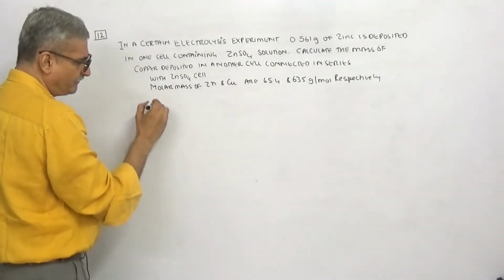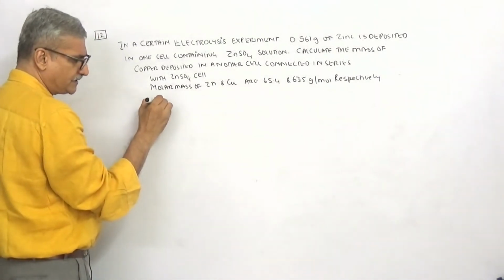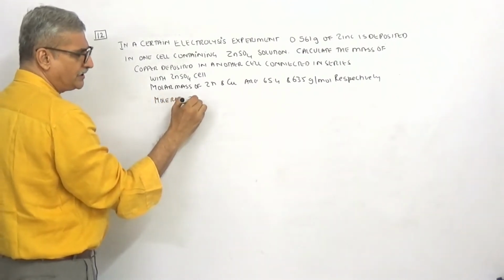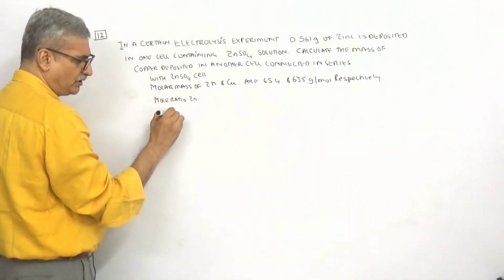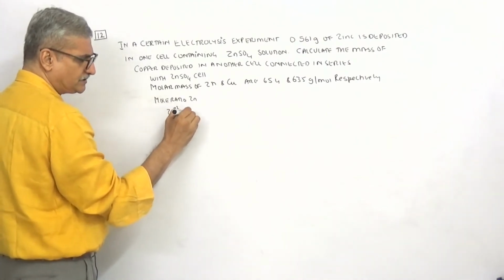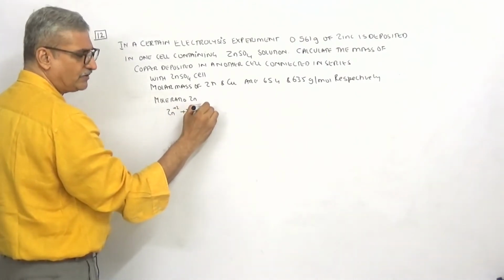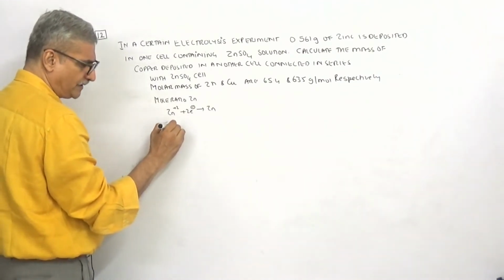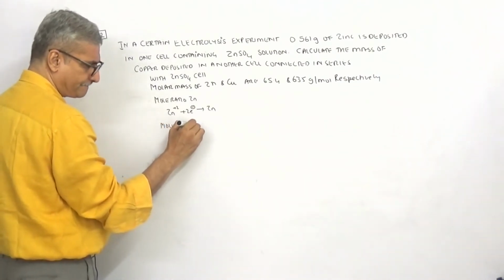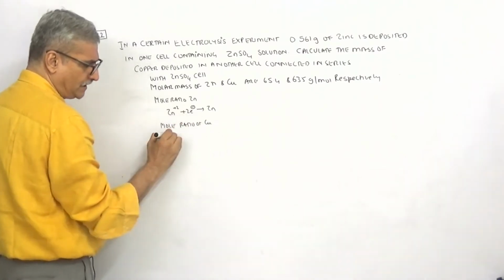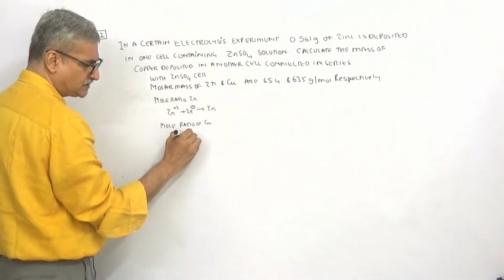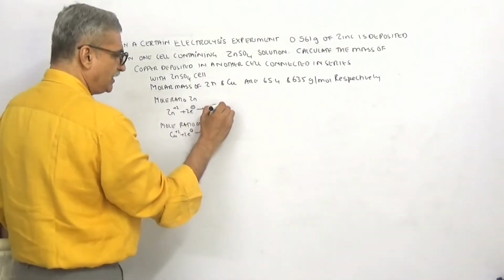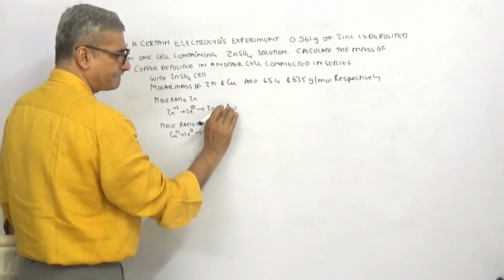So what do we have? We find the mole ratio of zinc first. Zinc plus 2 electron forms zinc. Then we find the mole ratio of copper. That is copper plus 2 electron forms copper. So here the mole ratio is 0.5, 1/2.